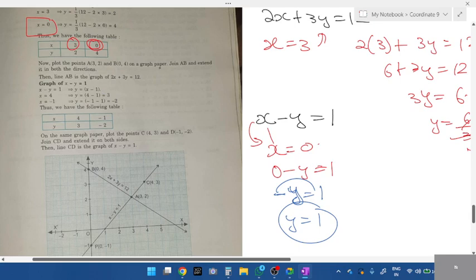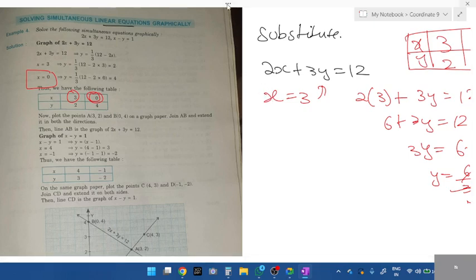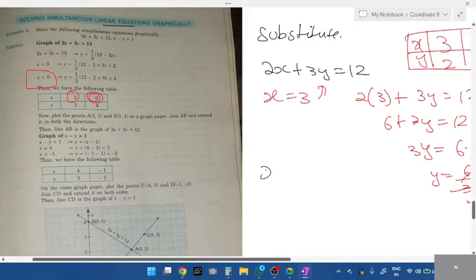Now plot the values. For each line, two values. Sorry, it was my mistake. For each question, take two values, students. For the same question, what is the other value we need to take? X is equal to 0.